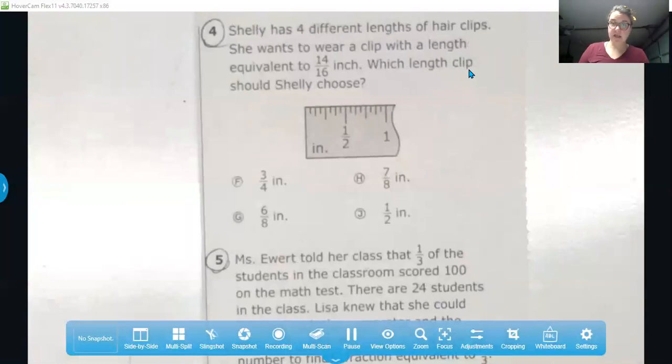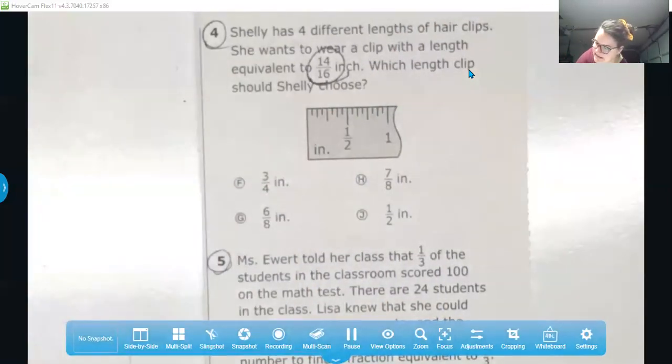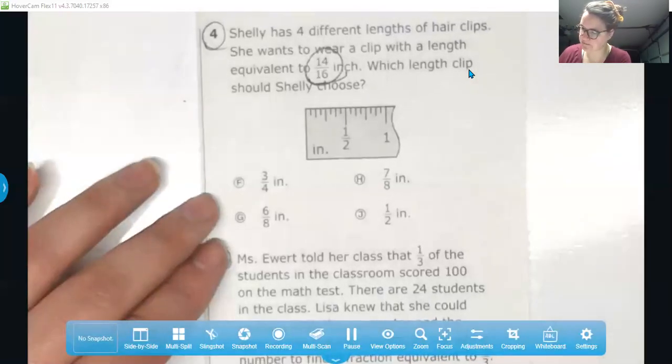She wants to wear a clip with a length equivalent to 14/16 inches. Which length clip should Shirley choose? So 14/16 of an inch, which is a very weird fraction, but let's go for it.